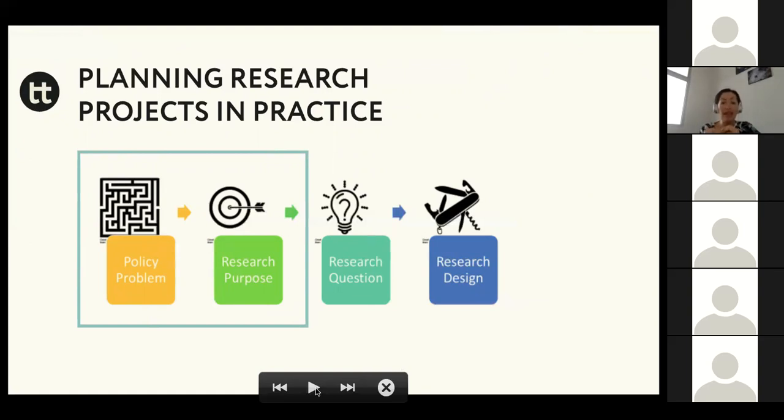Then identify what will be the purpose of the research we'll produce. From then, go to identifying research questions and research design. In this webinar, we will focus mostly on the policy problems and the research purpose, but I have also added all the slides on the research questions and research design that will accompany the lecture, the reading that I will send at the end of the webinar so that you can finish your reading.